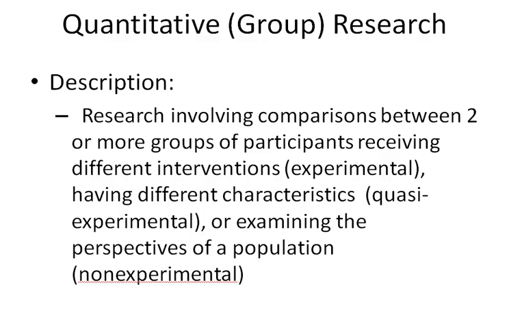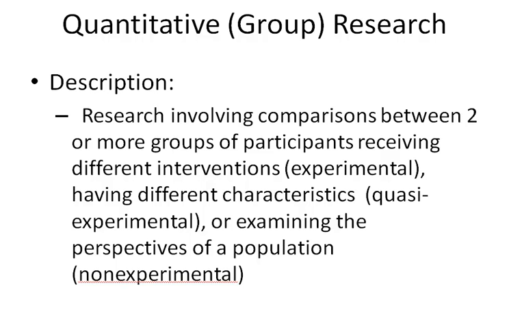Or the last type is research that examines the perspectives of a population. So it's what do parents of kids with disabilities think of X? So that's non-experimental research. Yes, we're sampling a large population. We're asking them questions. We're trying to see maybe if there's relationships between different demographic features of some of our participants and how they responded.